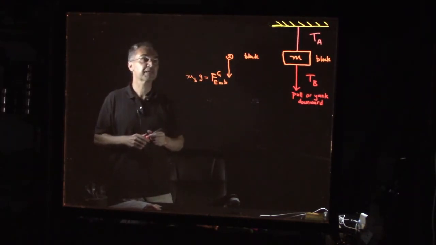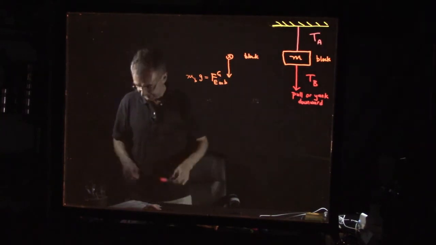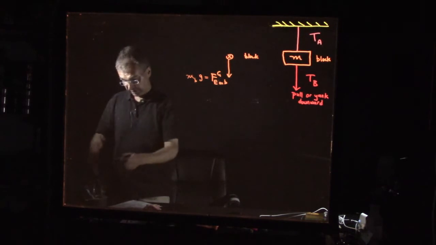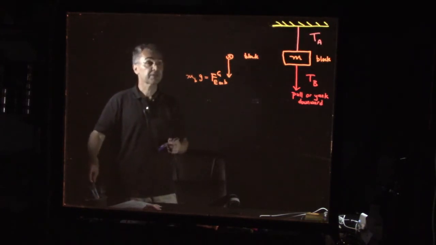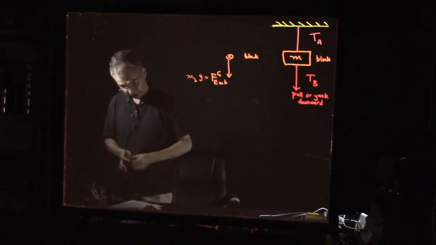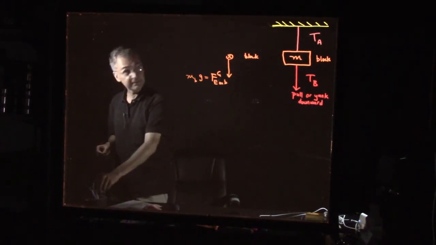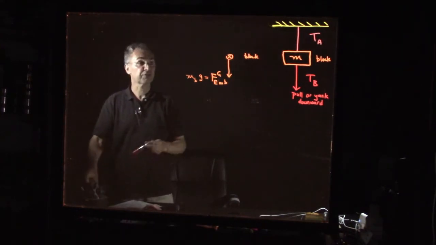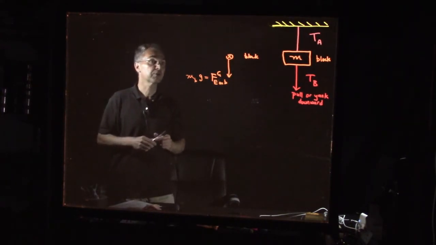Then I have whatever force is exerted by the lower string with which I'm pulling.